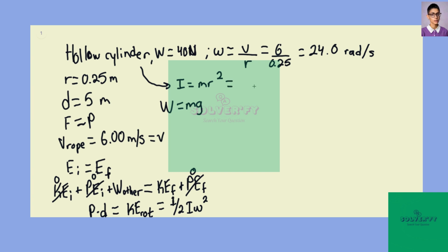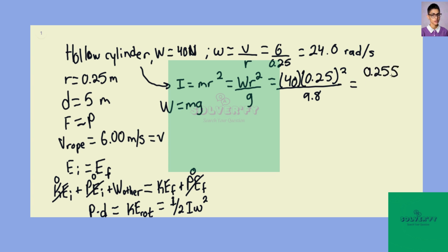So this becomes wr squared over g. After this, we can now substitute and say 40 times 0.25 squared divided by 9.8. And this is going to give us a moment of inertia of 0.255 kilograms meters squared.